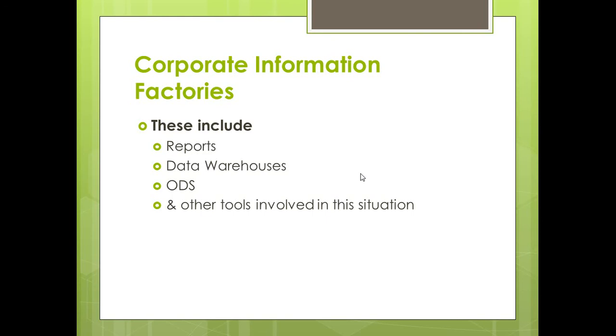So anything directly involved with the data warehouse is incorporated into the corporate information factory. Data warehouses contain information, they process that information, and they give it to you in a form that you can understand. The definition is pretty self-explanatory: it's an information repository that processes information and presents it to you.